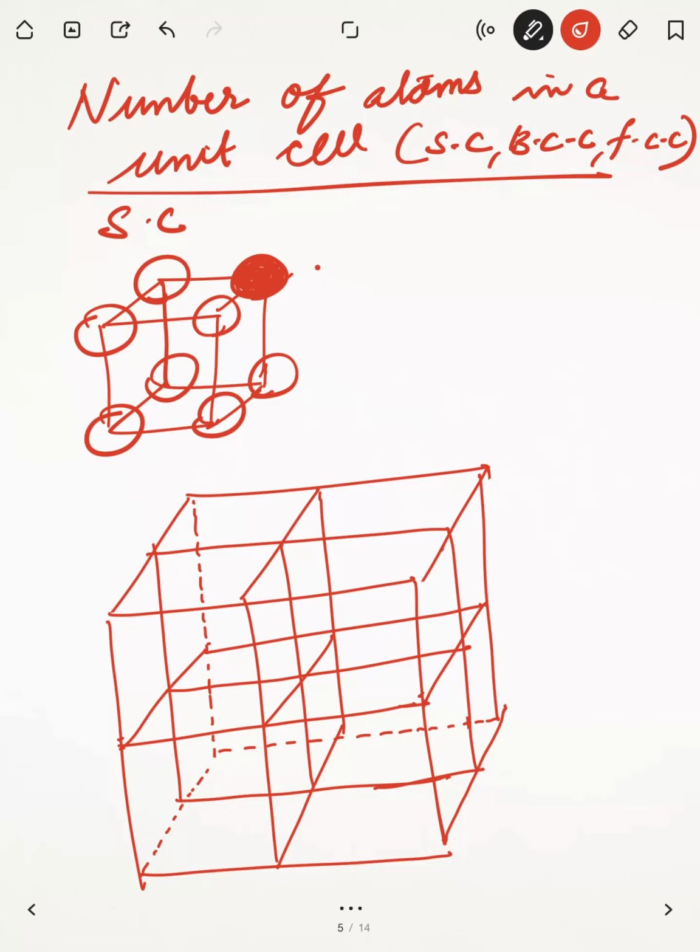In this crystal lattice, what I have shown here, that I am going to highlight.